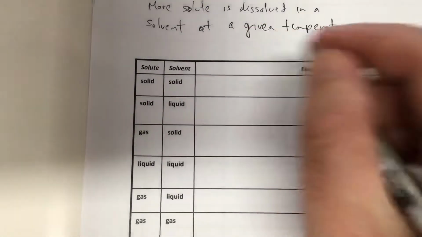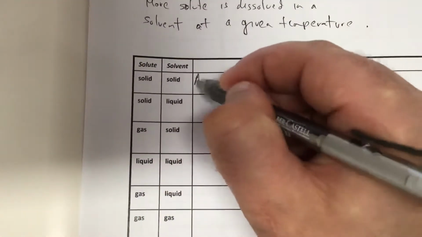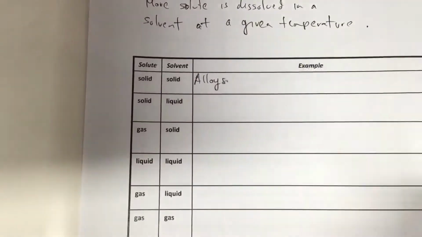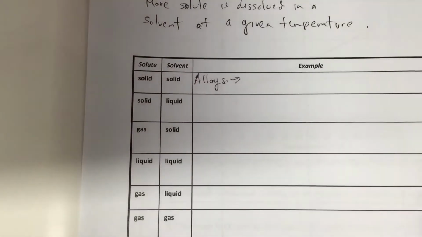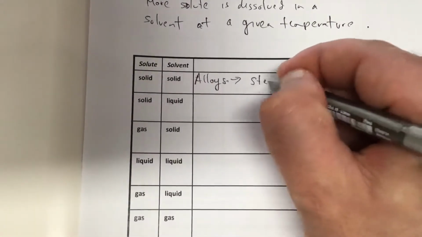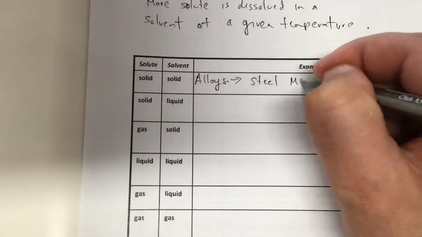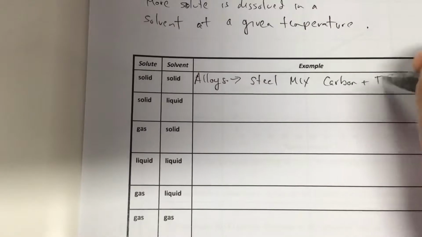So solid, you might not think of these as solutions. These are things called alloys. They're two metals that are mixed together and they improve the properties of it. Remember, the metal that's the bigger one will be the solvent, and the lesser one will be the solute. An example here could be steel, where we mix carbon and iron together.